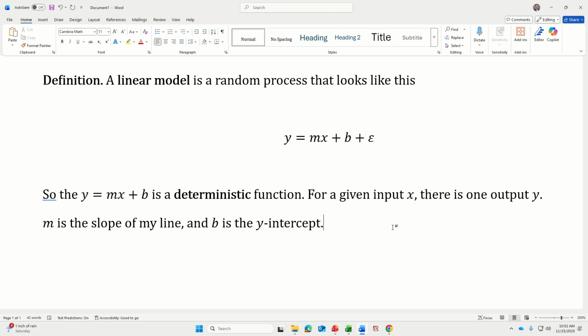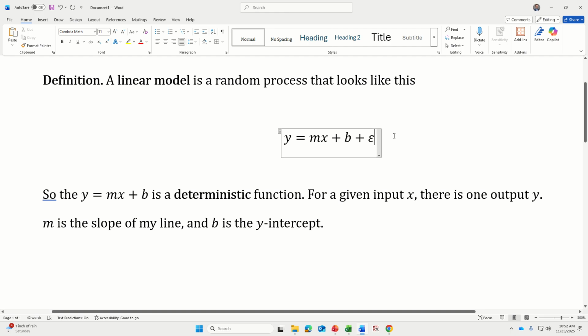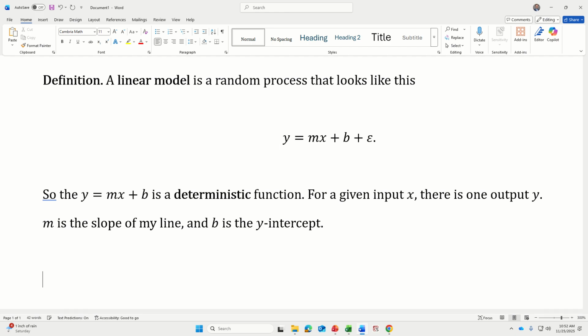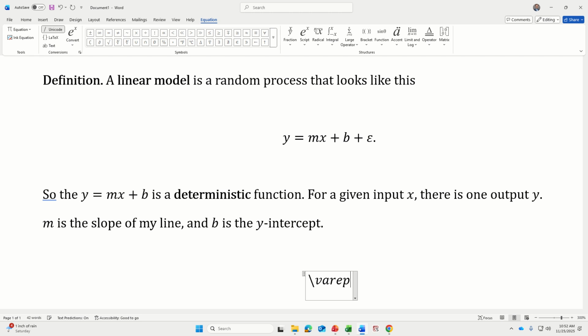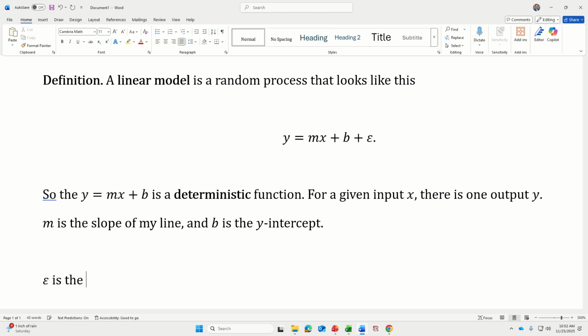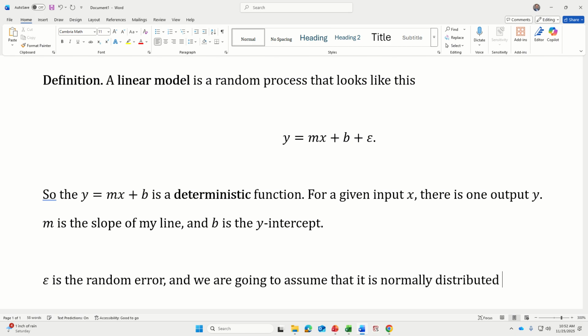This little lowercase Greek letter epsilon is going to introduce the randomness. Here, epsilon is the random error, and we are going to assume that it is normally distributed with mean 0.